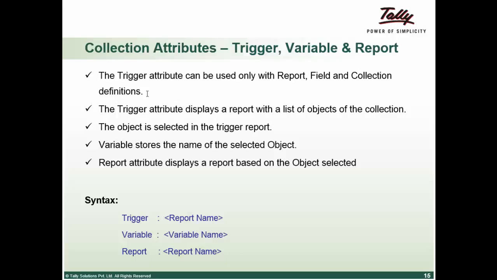It allows you to select the object, and this contains the variable value that has to be passed to the next report. So these are the three main attributes that we have at the collection level to make this an interactive report.